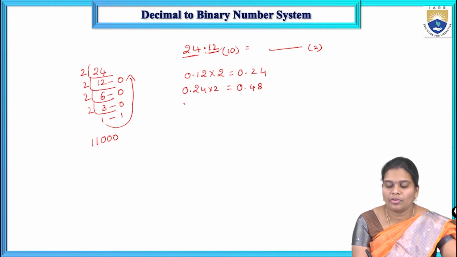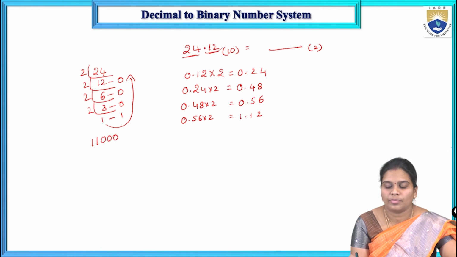Again we take 0.48 into 2, which gives 0.96. Again 0.96 into 2 gives 1.92. Again we have 0.12 into 2, so the same value is repeating. So now we stop multiplying these values.